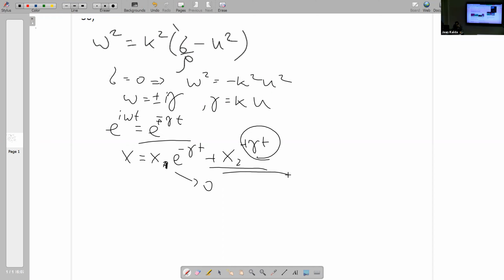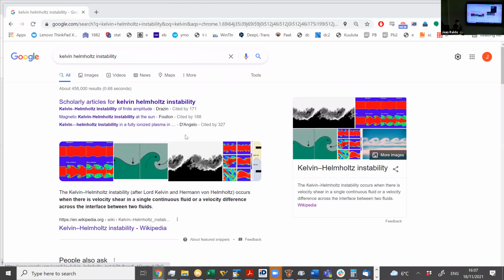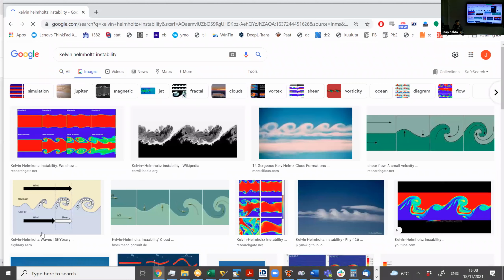I think I share the screen right now, so that Arthur can also see my screen, not just the whiteboard. So if you Google for Kelvin-Helmholtz instability, then here is a linear stage of Kelvin-Helmholtz instability.